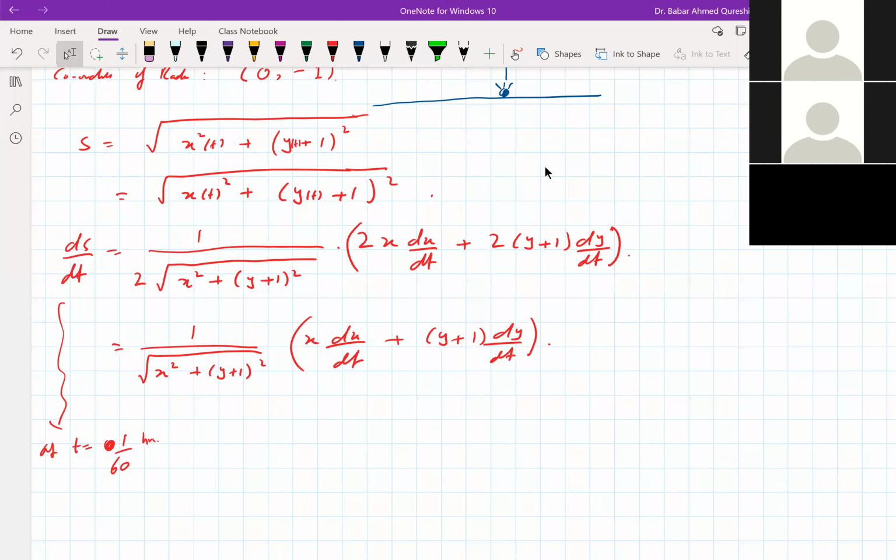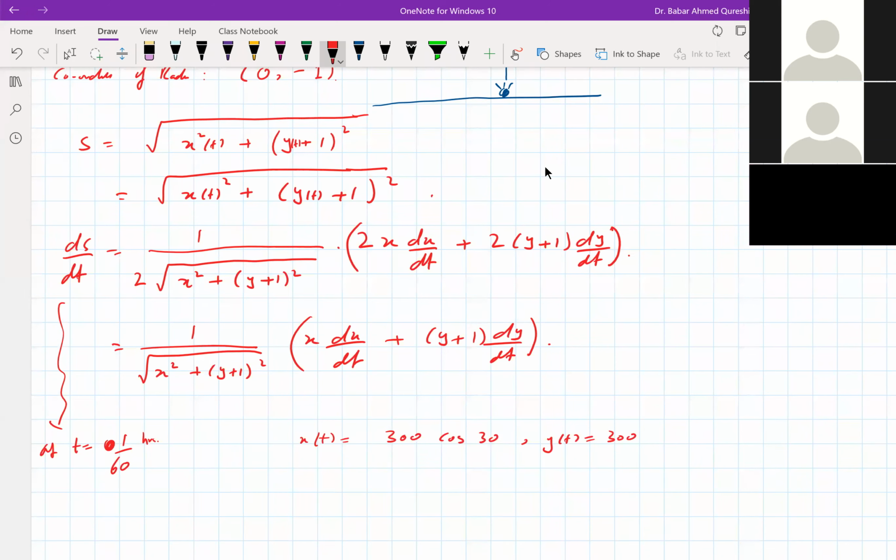Okay. So at t is equal to 1 over 60 hours, I need x of t. So x of t is just simply 300 times cosine 30, and y of t is 300 sine of 30.